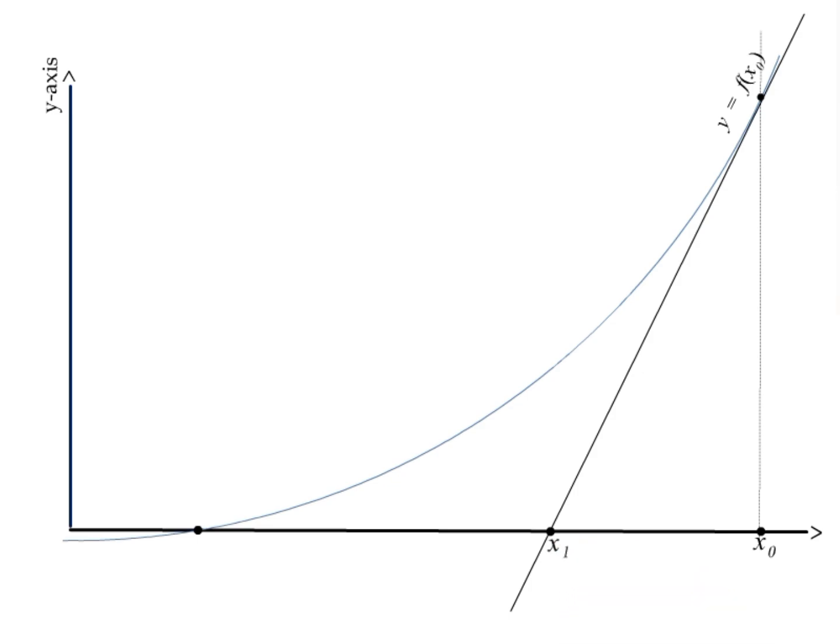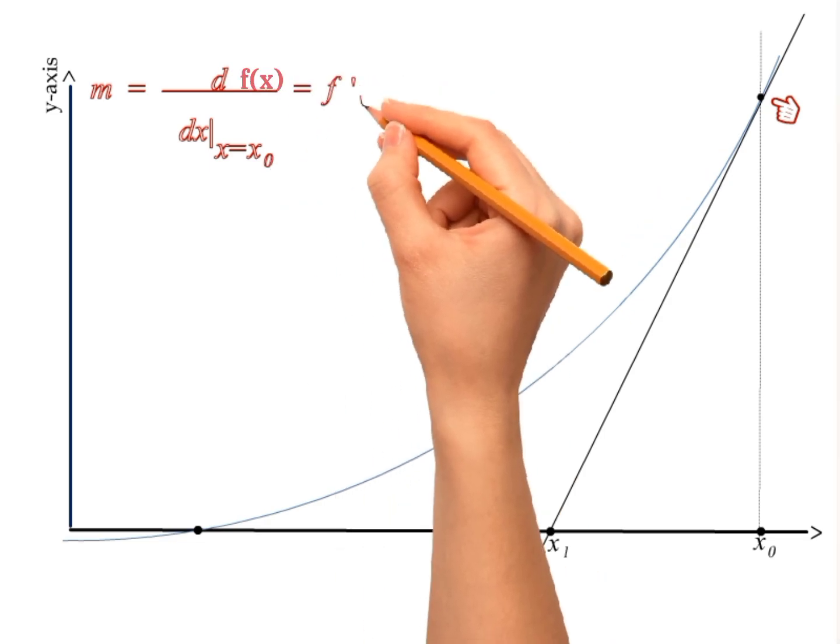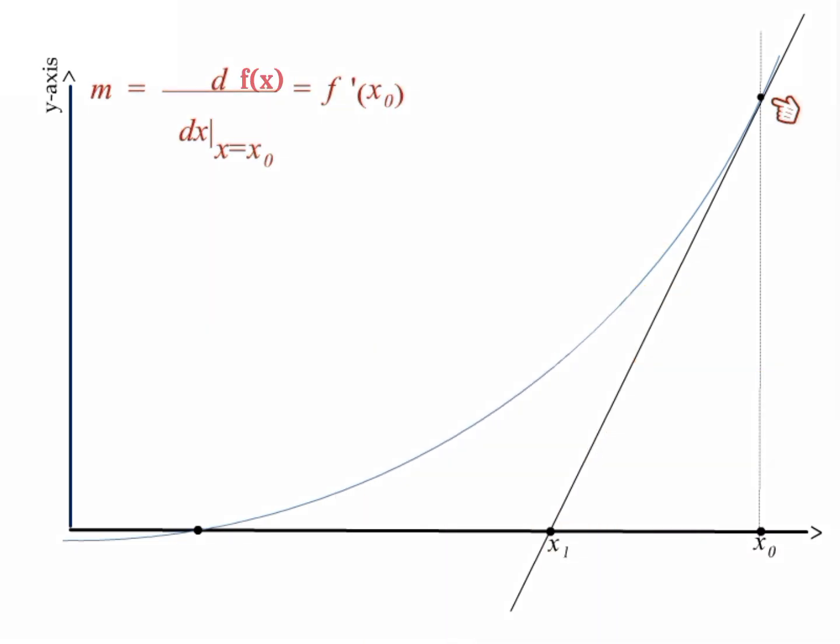With this development, we can establish a relationship between these points using the idea of slope or gradient. Since the gradient of a curve at a point is its derivative at that point, it holds that the gradient at this point, f0, is the derivative of f of x at x0, or say f prime x0. We also know that if we have 2 points joined by a straight line, the gradient m is y2 minus y1 over x2 minus x1.